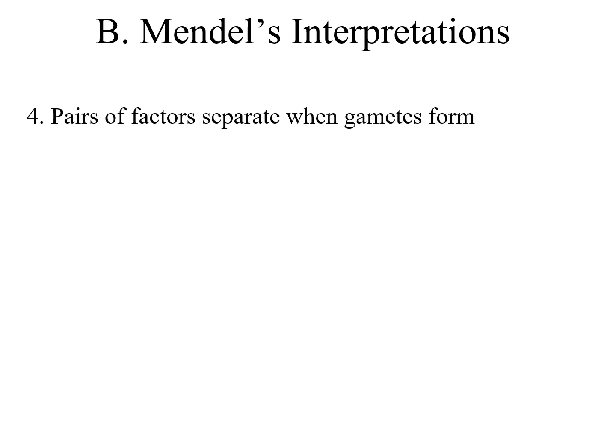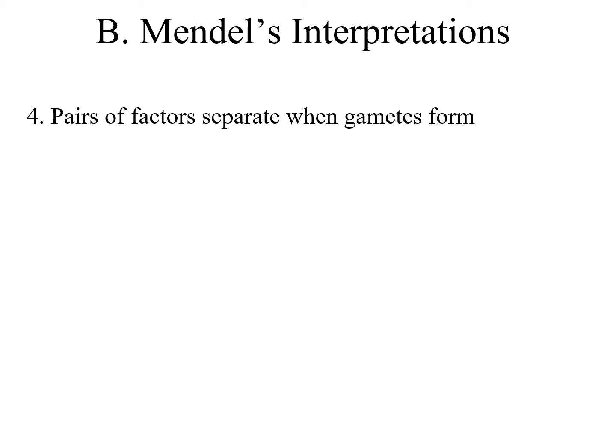Mendel proposed that as the parent organism is making the gametes, these pairs of factors separate, or as he called it, segregate. Mendel's law of segregation is the idea that the diploid parent undergoes a process today we call meiosis.